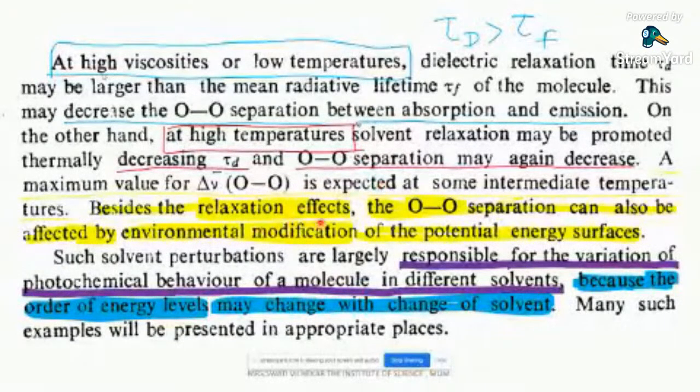So besides the relaxation effect, the 0 to 0 separation can also be affected by the environmental modifications of the potential energy surfaces.